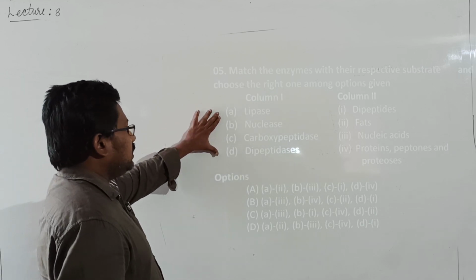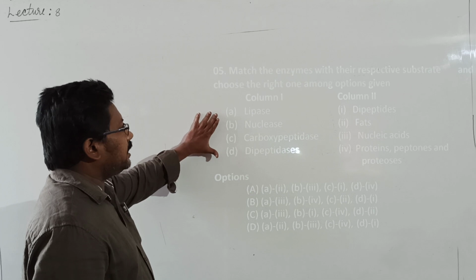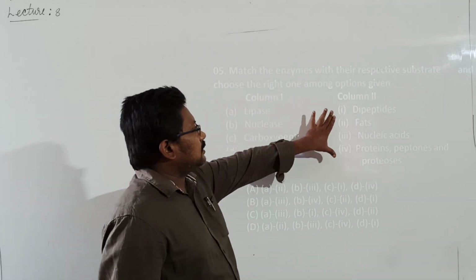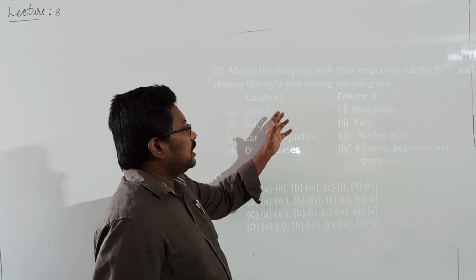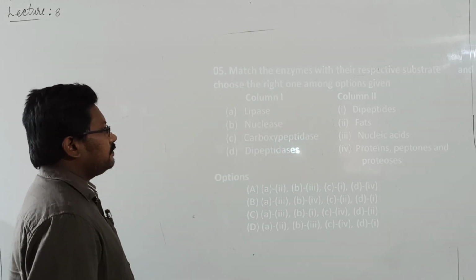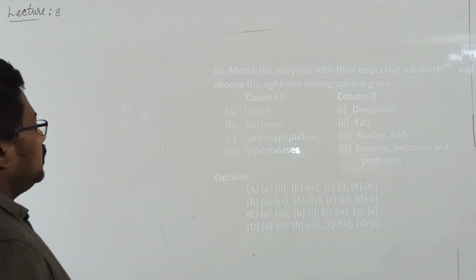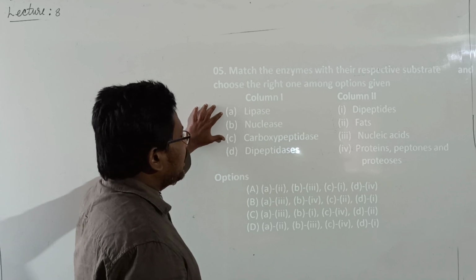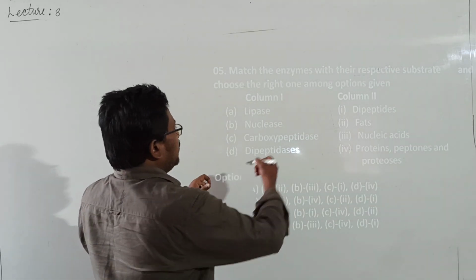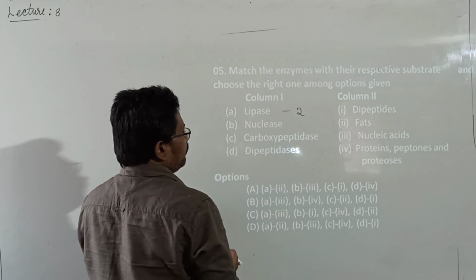On one side they have given the names of those enzymes, and in column 2 they have given the substances on which these enzymes act. So now let us see. Right, in this case, the lipases will be acting on fats.